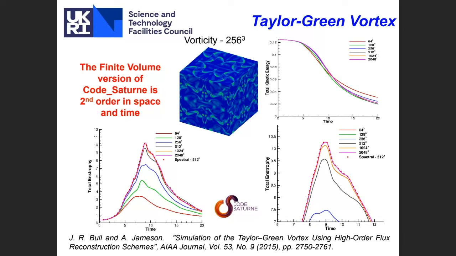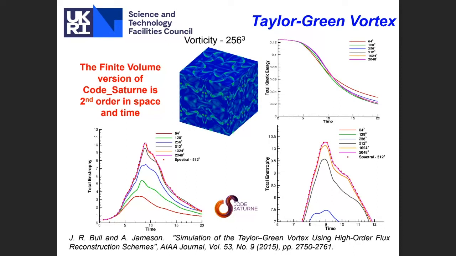This was run for production, while the other tests were run just for a few time steps. You can see that for the 2048 cube, Code Saturn matches the spectral reference, which is the best data you could actually get. This data is shown as dots on the pictures.